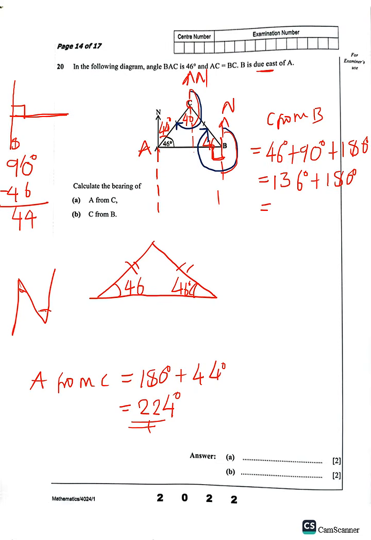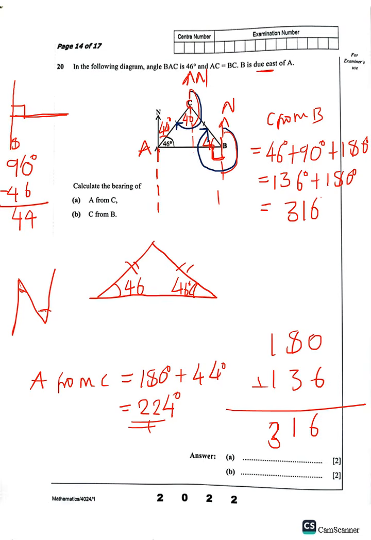So 180 plus 136, so let's add. 0 plus 6 is just 6. 3 plus 8 is 11 here. So our final answer should be 316. So this is how we can find the angles on a bearing.